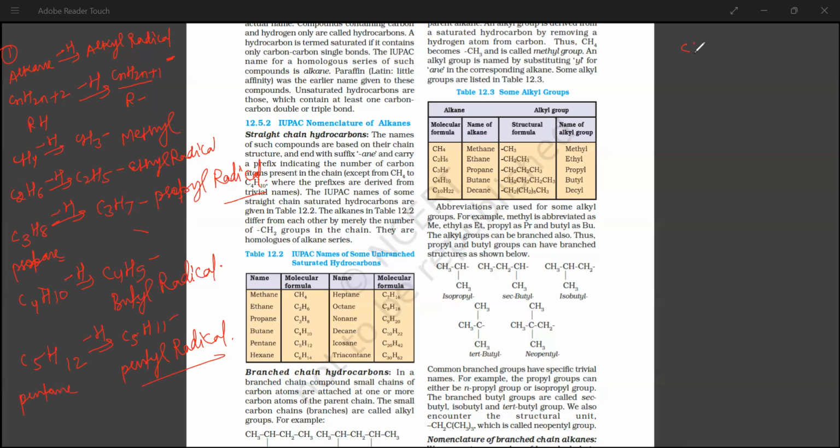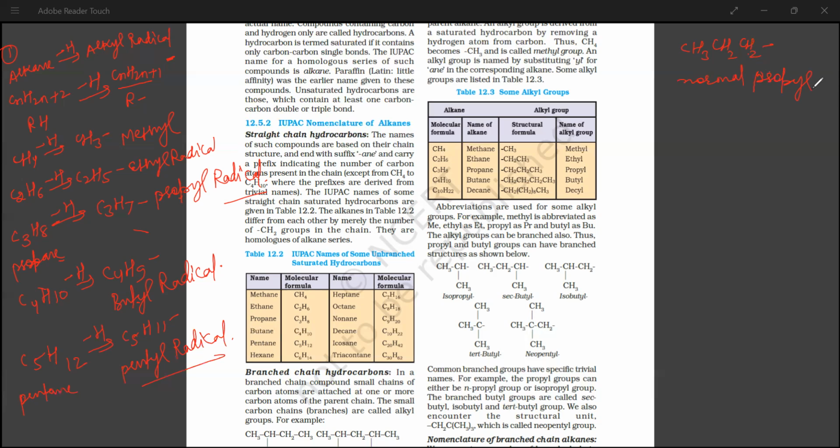This is CH3, CH2, what is this? This is normal propyl. I want to explain to you here the difference between normal, iso, neo, and primary, secondary, and tertiary.